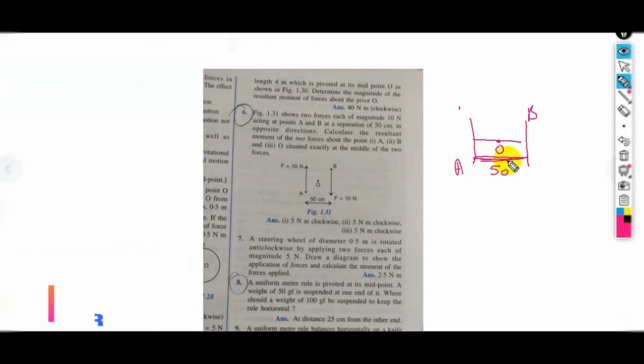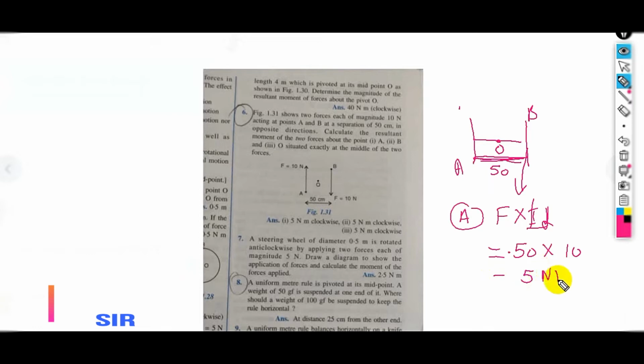So at point A, this is force into perpendicular distance, which is 50 into 0.5, because we have to convert the distance from centimeters. 0.5 into 10, so this comes to 5 Newton meter.